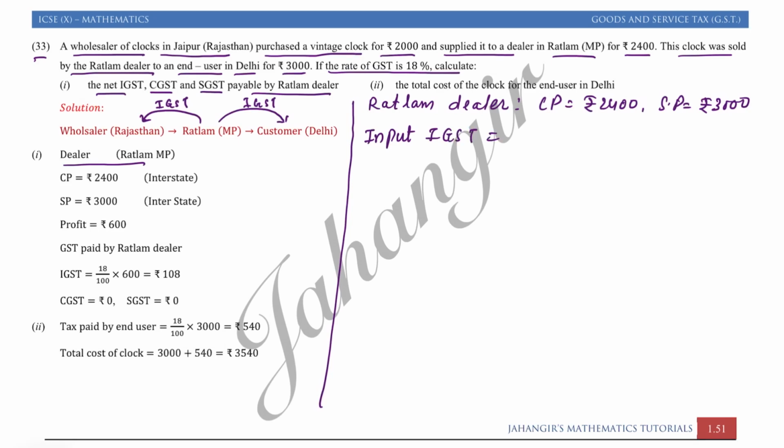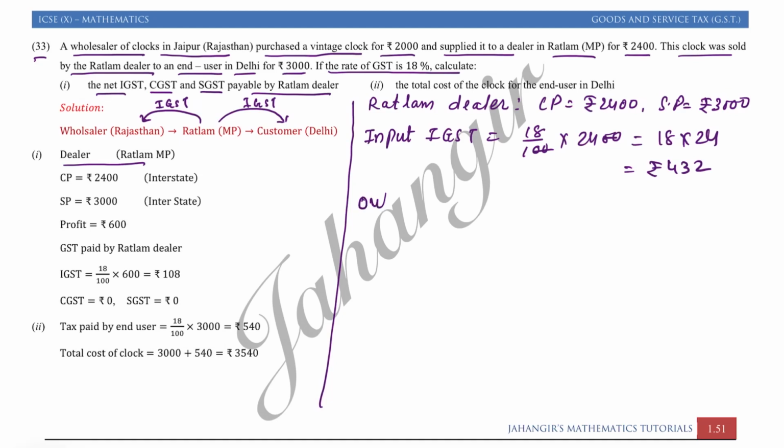While buying he had paid tax on 2400, that is 18% of 2400. 00 will get cancelled. 18 into 24, that is equal to rupees 432.